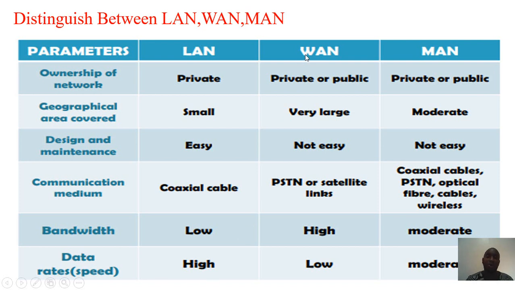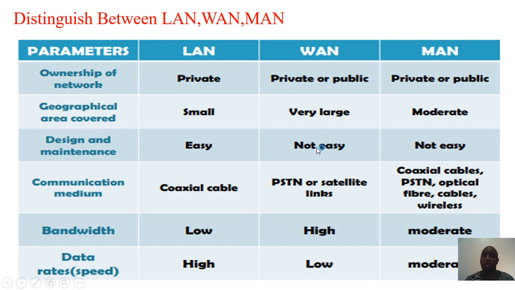On the other side, a wide area network is mostly private, or it's private and public, because you have to use a third party to access the other organization. The geographic area covered is very large, depending on the organization.